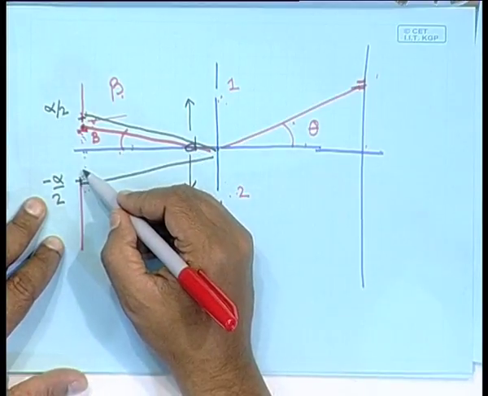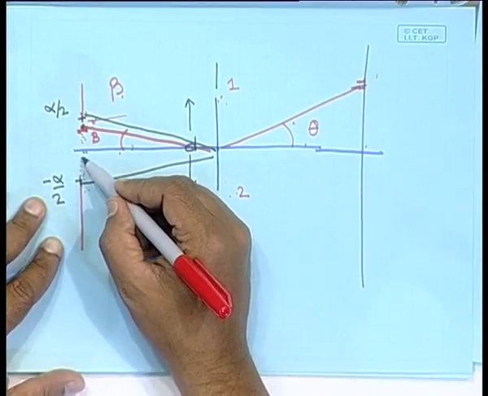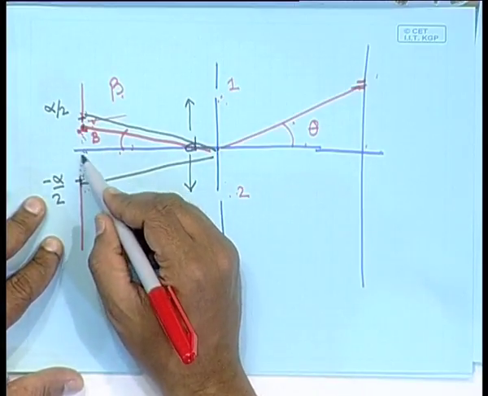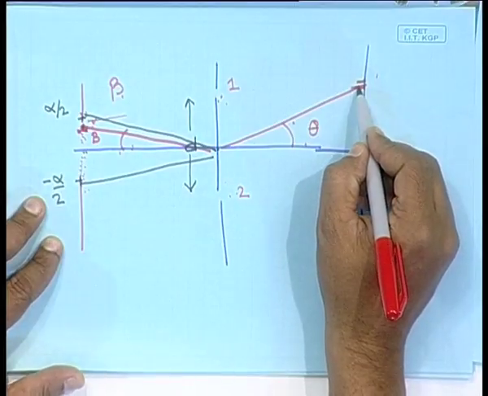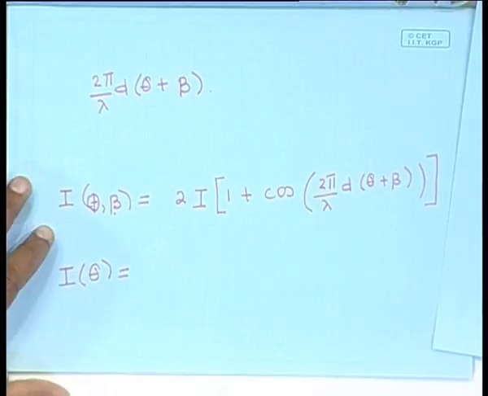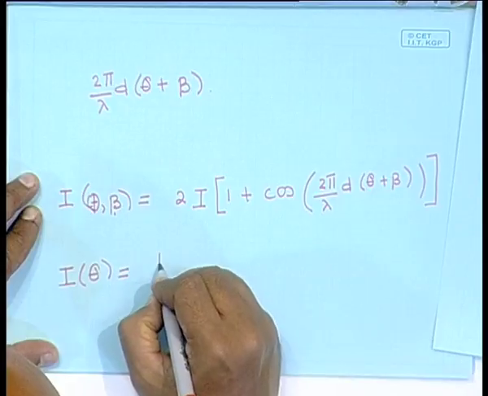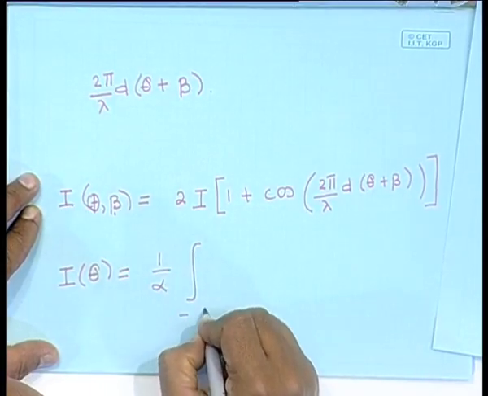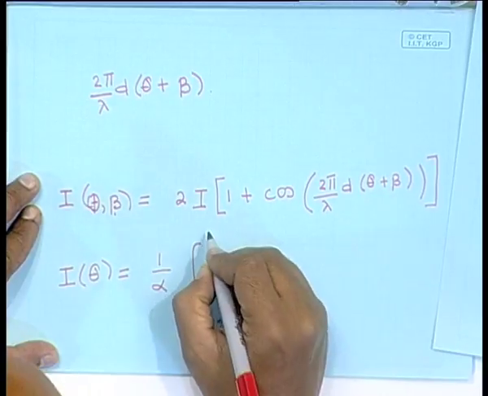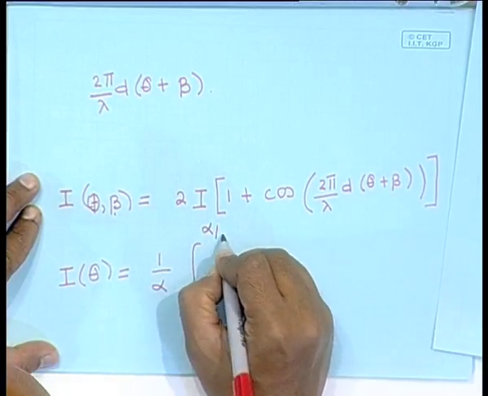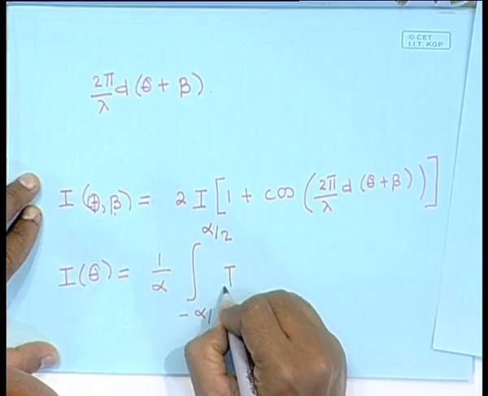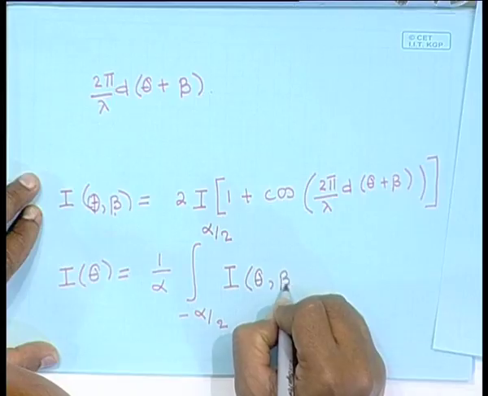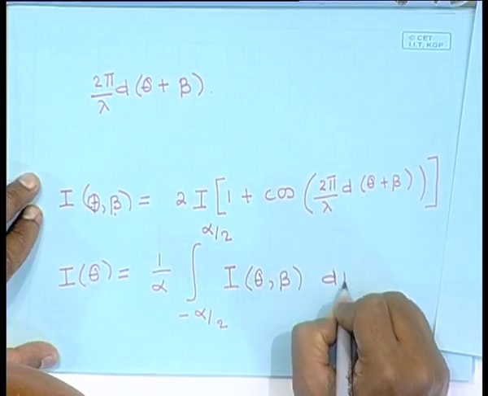Remember, we have assumed that each point over here is an incoherent source. So, we have to add up the intensity contributions from all of these points to get the resultant intensity over here. So, this can be calculated as follows: 1 by alpha, I am dividing by the total angle alpha just for convenience, it does not make any difference, the integral from minus alpha by 2 to plus alpha by 2 of I theta comma beta d beta.